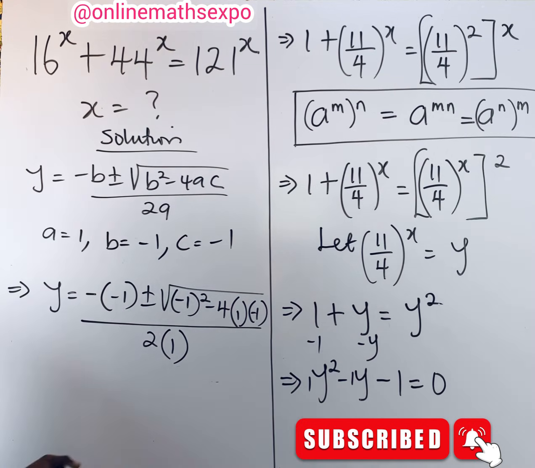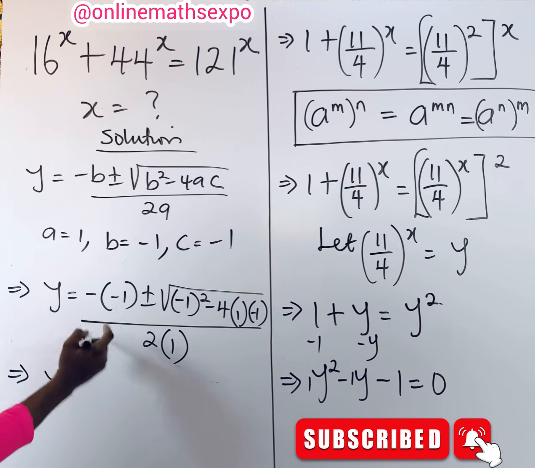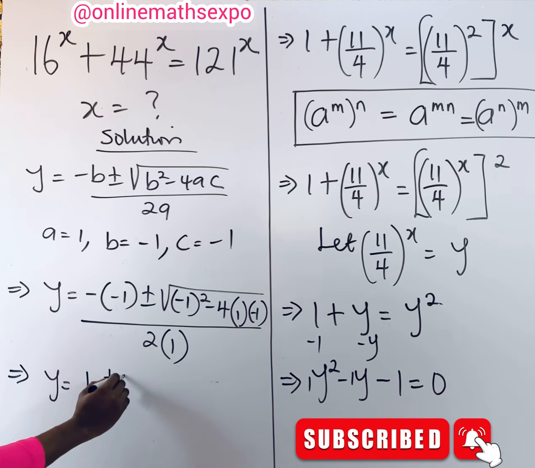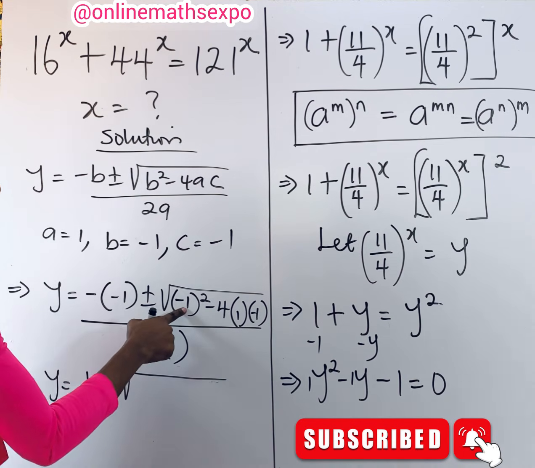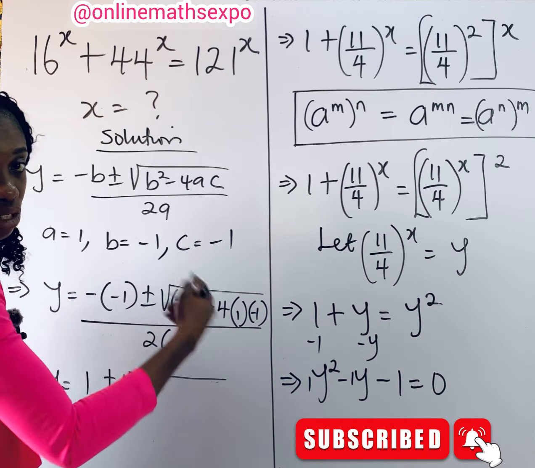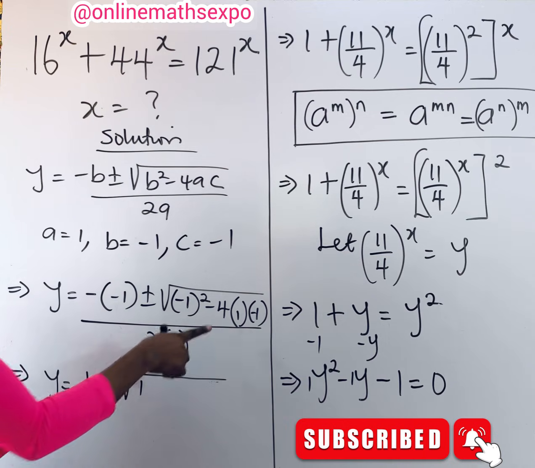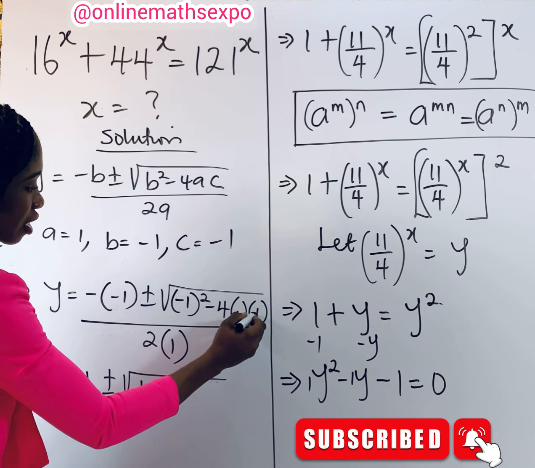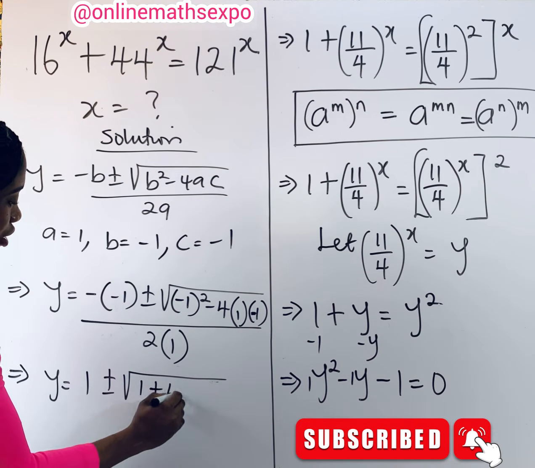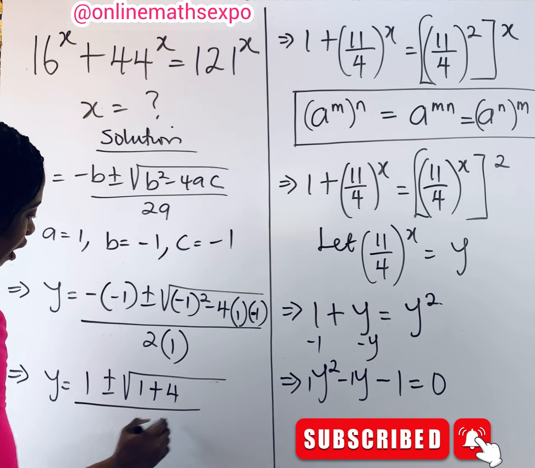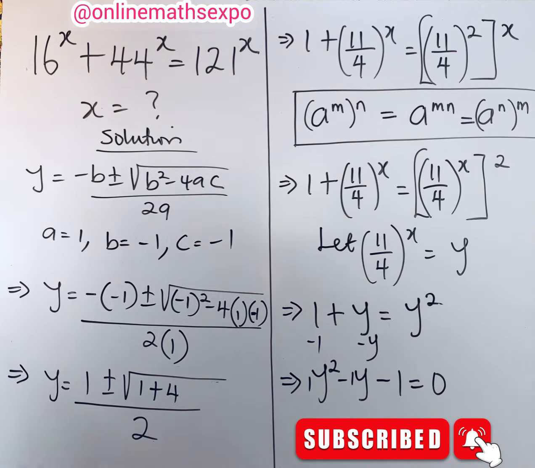Our a is 1. So if you simplify this, you have y is equal to, multiply this, it gives you positive 1 plus or minus, square this, negative 1 squared, negative 1 multiplied 2 times, and that will give you positive 1. So if you multiply this, remember this is negative, it's going to give us positive 4, and then divided by 2. Now what do you do at this point?